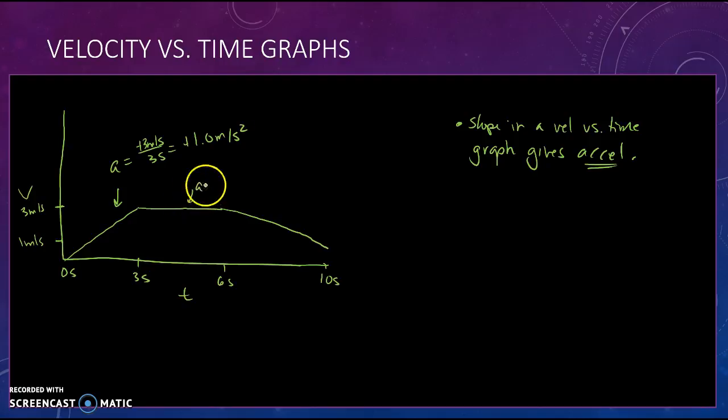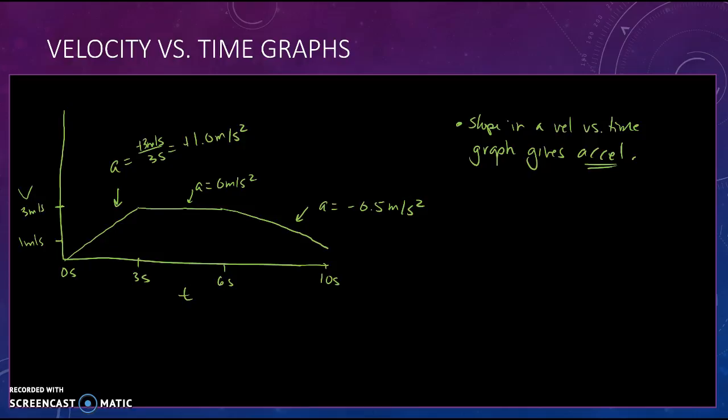Here, the slope is 0, so that's 0 meters per second squared. And over here, as we found before, the slope is negative 0.5, so that'd be negative 0.5 meters per second squared. Pretty straightforward.